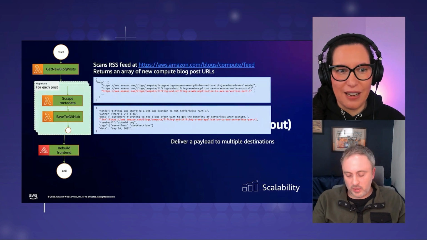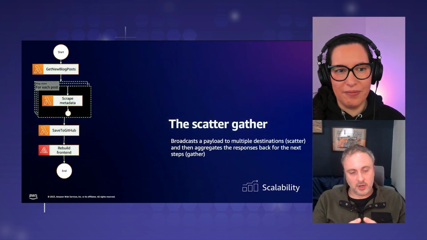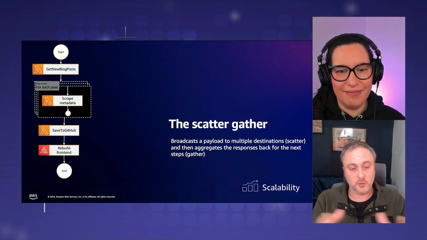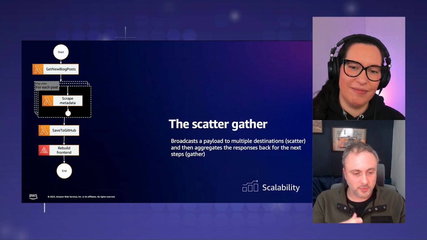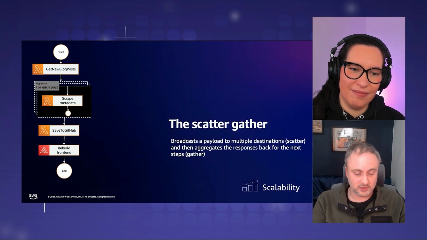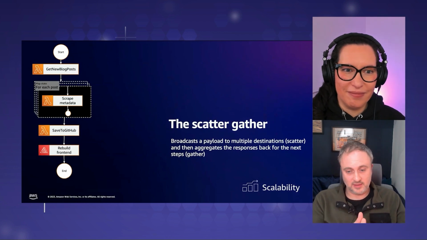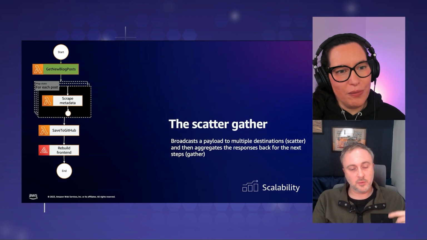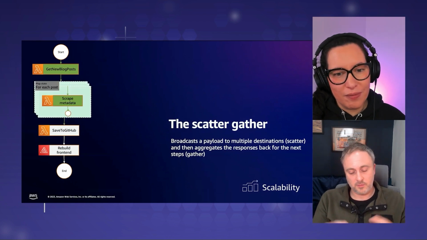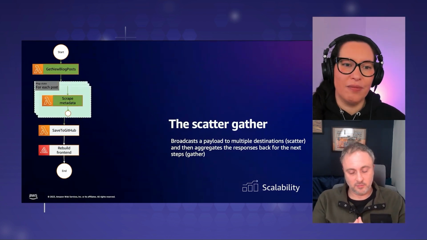Yeah. So we actually improved it later on. And if you go back and look at the first video that you and I did before, we were talking about cost optimizations and standard workflows, how they're built based on state transitions. So that's why we did this next thing, which is the scatter, gather, or the fan out, fan in. So here we still get an array of blog URLs via an RSS feed.